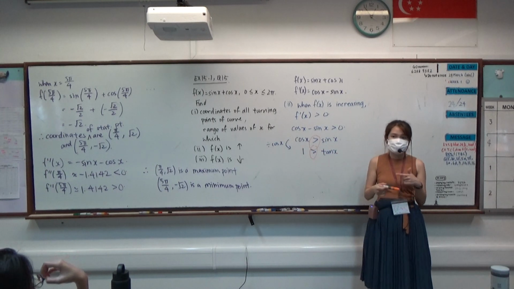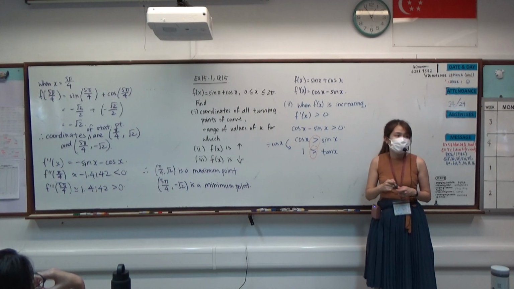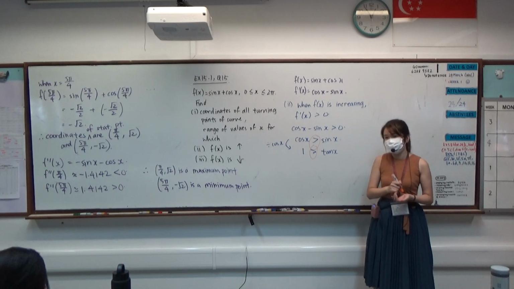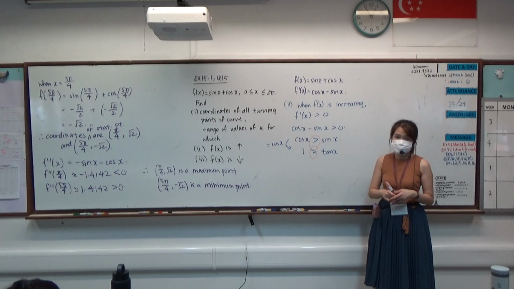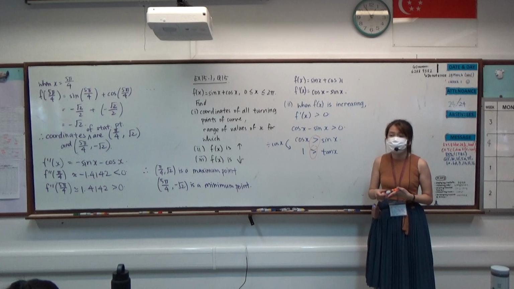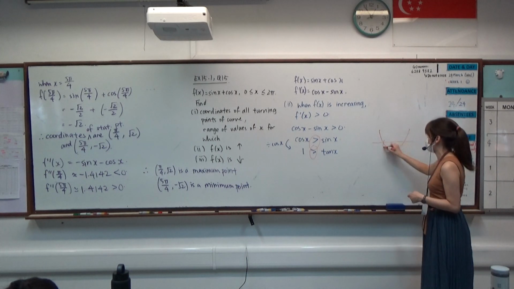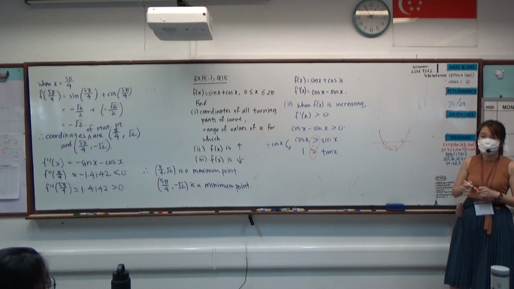Then what is the process that we need to go through? We need to go back to our graphs. So we must sketch out the graph and look at the graph and determine the values of x. It is just like when we do our quadratic inequalities, whereby we fall back on the graph itself to determine when it is less than 0 or more than 0.